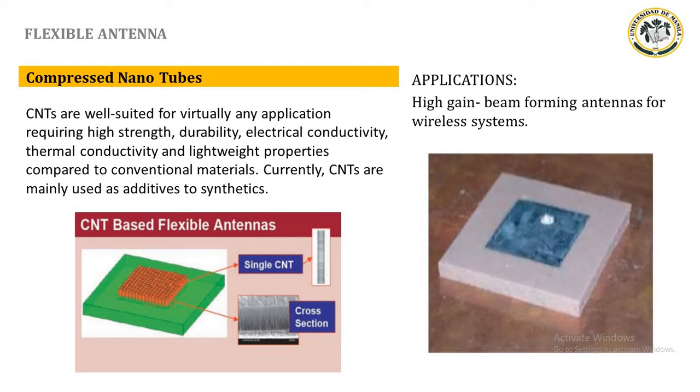Currently, compressed nanotubes are mainly used as additives to synthetic-based flexible antennas. This is a single compressed nanotube, and this is the cross-section. Applications: high-gain beam-forming antennas for wireless systems. Next.